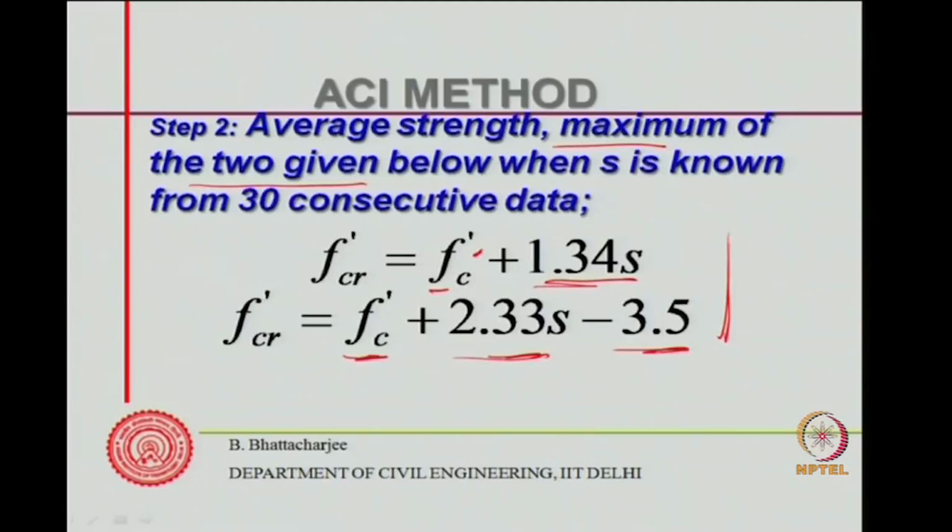So, average strength is minimum strength plus 2.33 S, that is again from that normal distribution curve. So, 2.33 S to cover specific percentile. In the earlier case we had 1.65 to cover 95 percentile, right. That means only 5% would be showing strength less than this. Here this value is somewhat different, because it is not 5%, and this minimum strength is stated to be this.